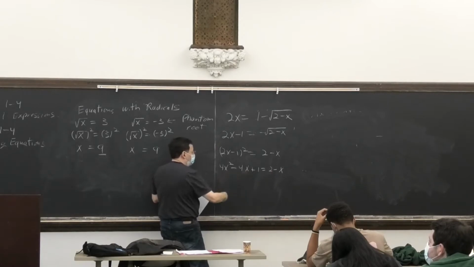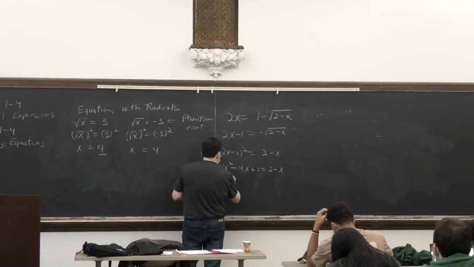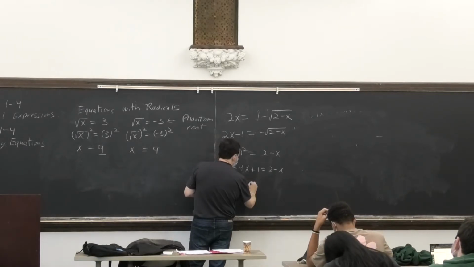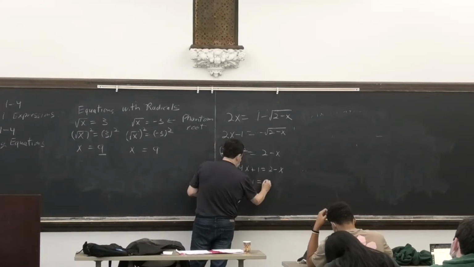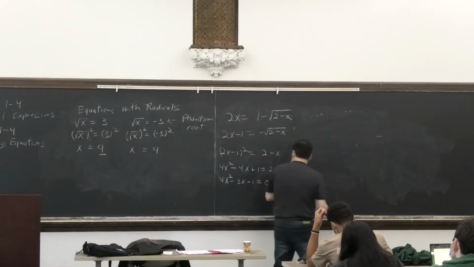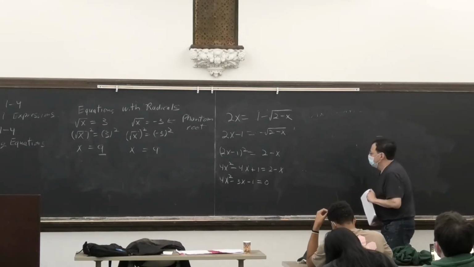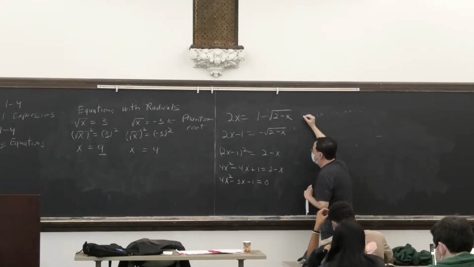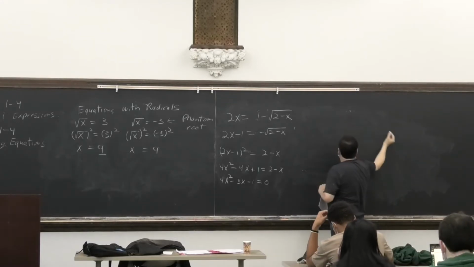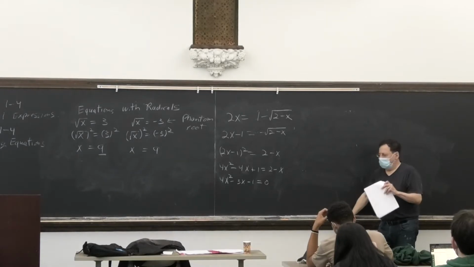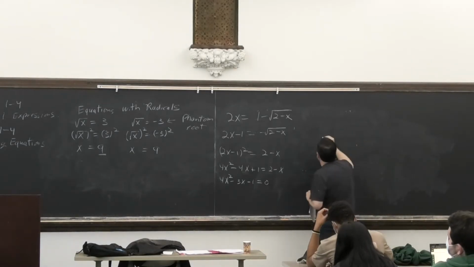And again, let's combine terms here. 4x squared minus 3x minus 1 equals 0. How am I going to solve that? Well, my temptation is just to use the quadratic formula, but I'm going to try and FOIL it anyway.